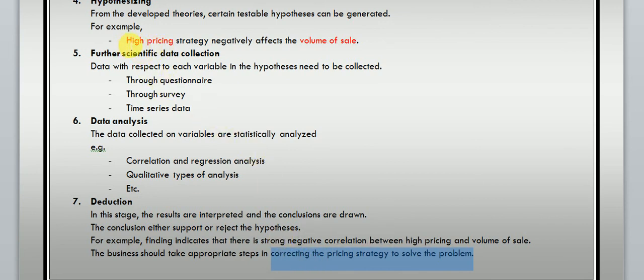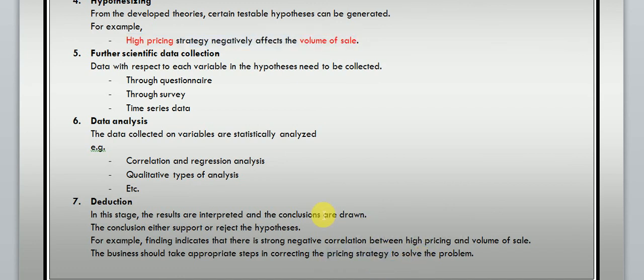Because the research found out that high pricing is not a good parameter, and it is not a good strategy for increasing the sale. So in that situation, appropriate steps should be taken to correct the pricing strategy and solve the problem.